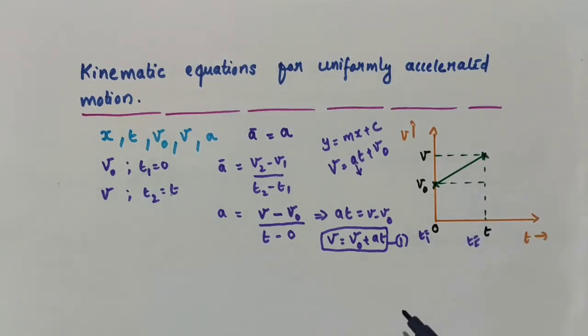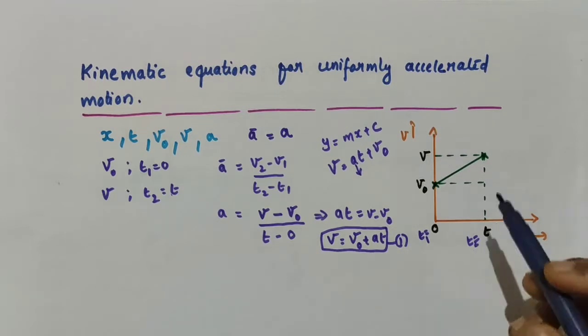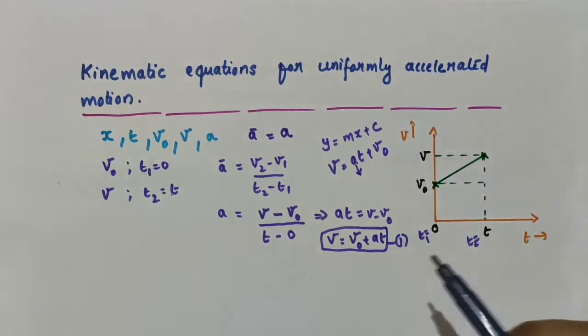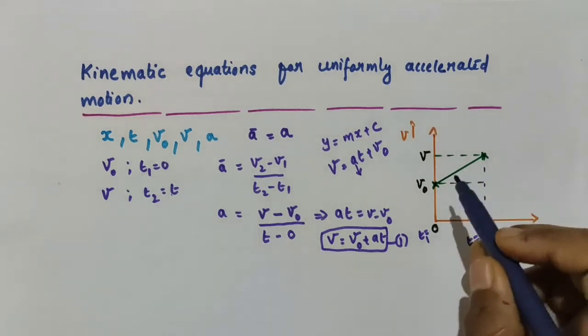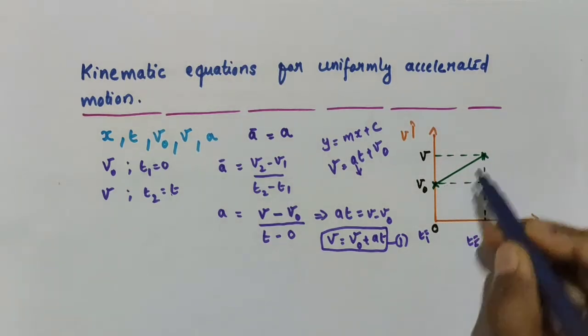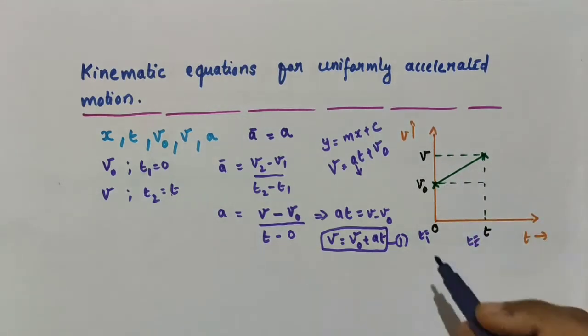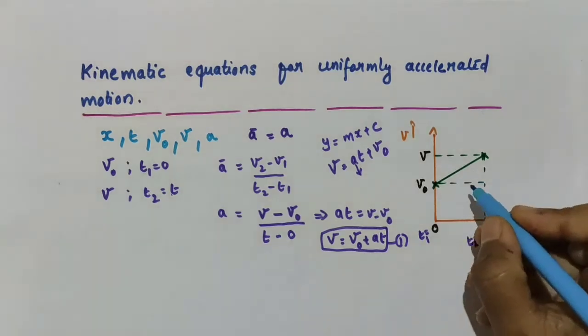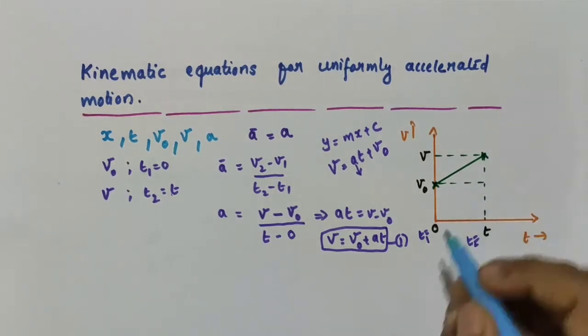We have discussed in the previous videos that the area under the velocity time graph gives you the displacement of the object. So here I am taking the area under the velocity time graph, this green one. Here we have a triangle and here we have a rectangle.